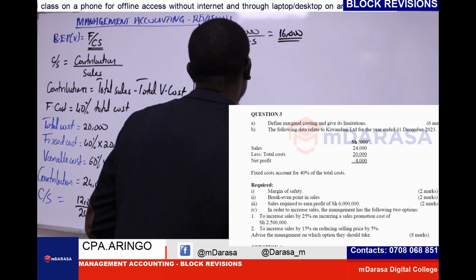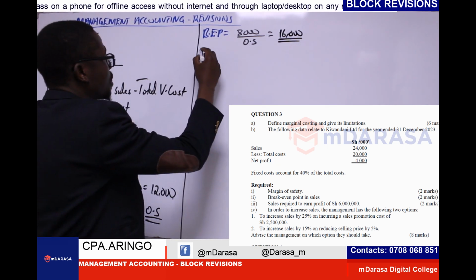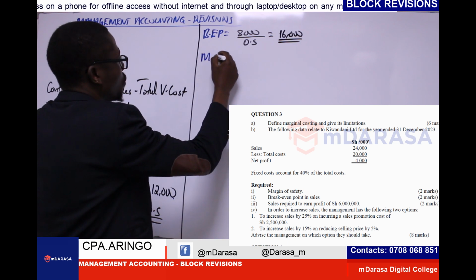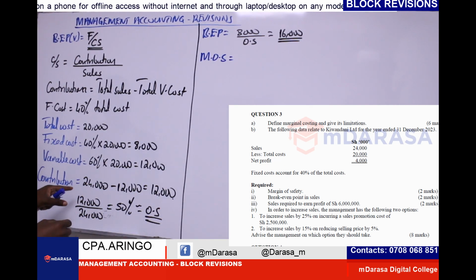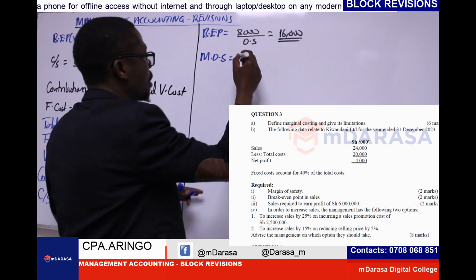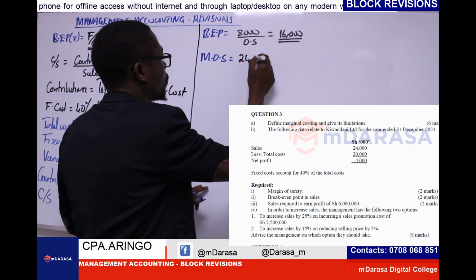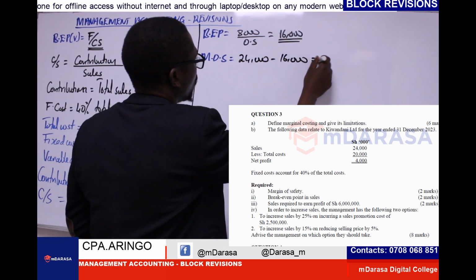Okay. Then my MOS, margin of safety. My good students will all agree that, according to what Mwalimu had given us, we are looking at the range between our sales, which was 24,000, minus 16,000, which is our break-even point.